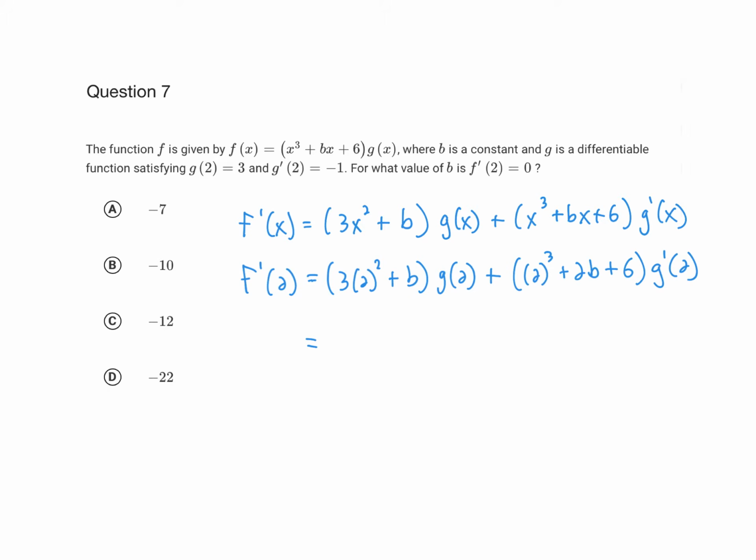Okay, so 2 squared is 4 times 3 is 12. Now we can see why they gave us this information. So g of 2 equals 3, so that g of 2 is 3. Okay, then we'll simplify this. 2 to the third is 8 plus 6 is 14.